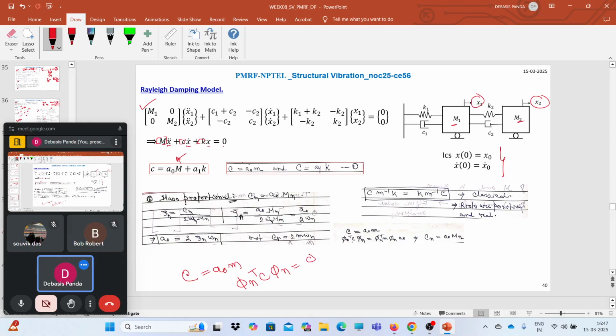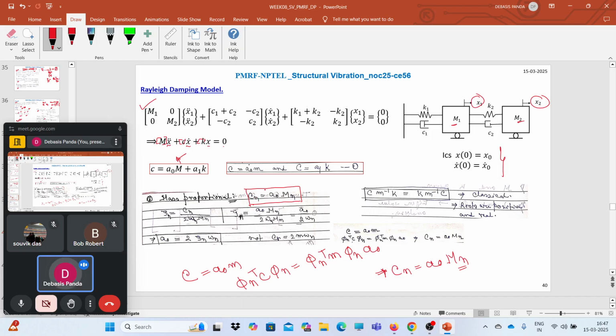What will happen? Phi n transpose M phi n times a0. So we will have the normalized damping term Cn is equal to a0 Mn. Why am I doing this? You will find out. Finally we are left with this term for the mass dependency: Cn is equal to a0 Mn.